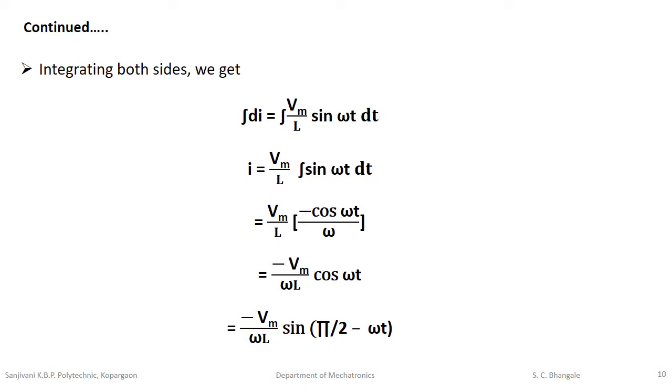Putting the value of the integration of sin omega t dt, we can write the equation again as Vm by L into bracket minus cos omega t divided by omega, bracket complete. If we simplify this equation, we can write it as minus Vm by omega L sin of pi by 2 minus omega t.